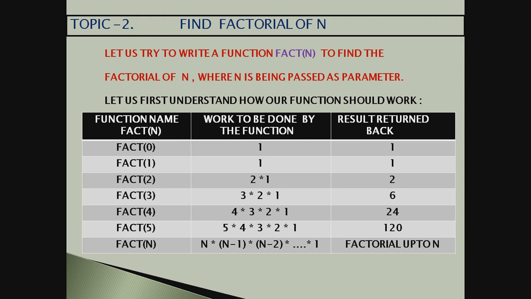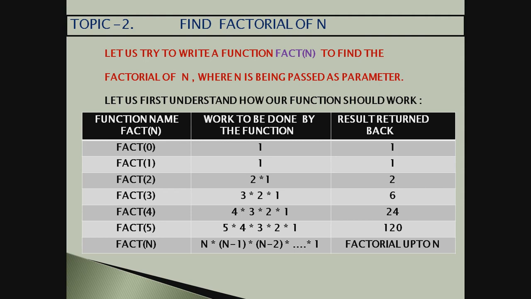That means if n is equal to 0, then we will get back 1, and when n is equal to 1, then also we will get back 1. So students, we can well understand here that there are two terminating cases.